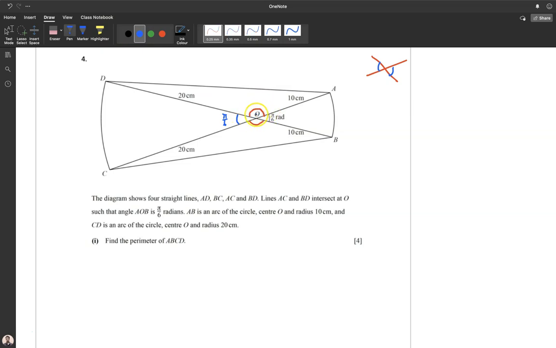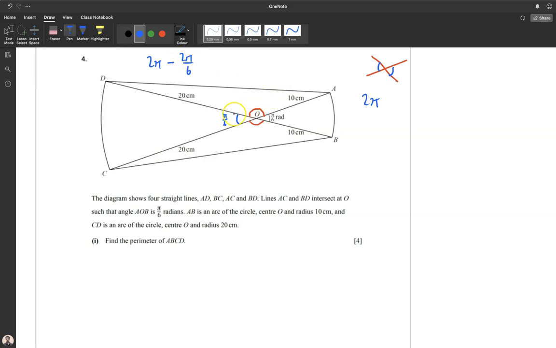So again, we make use of the knowledge that the entire circle is 360 degrees or 2 pi. So 2 pi is what I'm going to make use of. Let me just write it somewhere here. Okay, so 2 pi, I'm going to minus this guy and this guy.